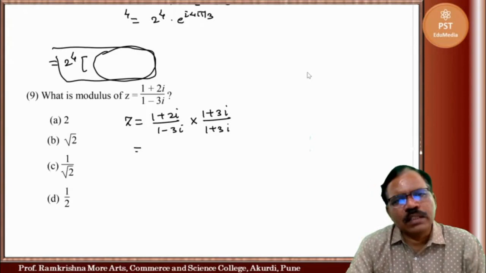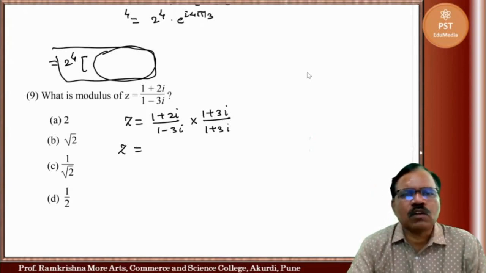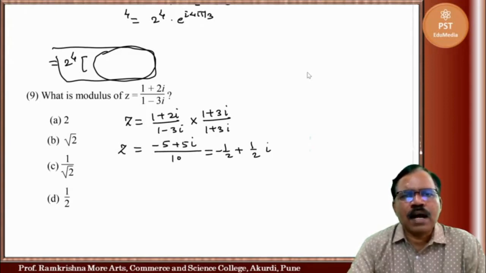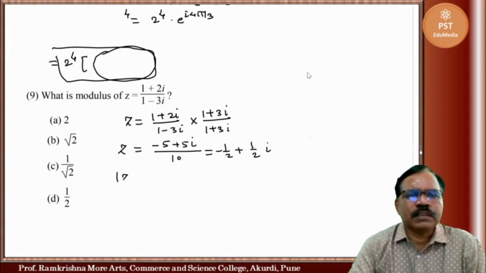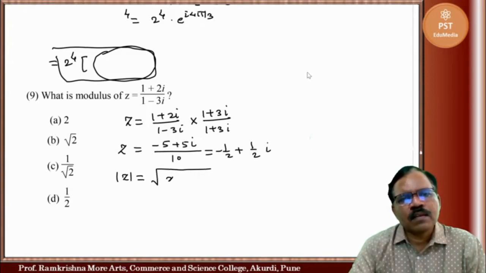So if we solve this, just as in the first question where we solved the same one, we will get here (minus 5 plus 5i) upon 10, or it is minus 1/2 plus 1/2 i. And then modulus of z is root of x square plus y square.